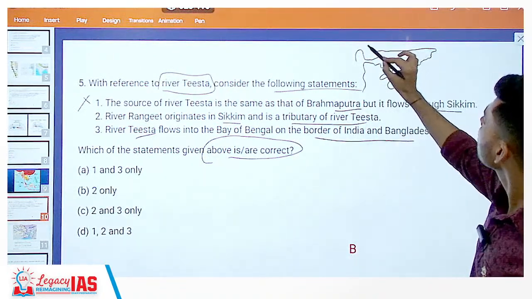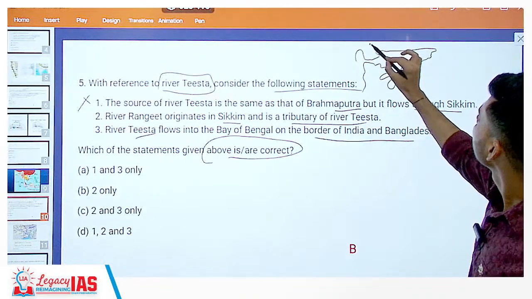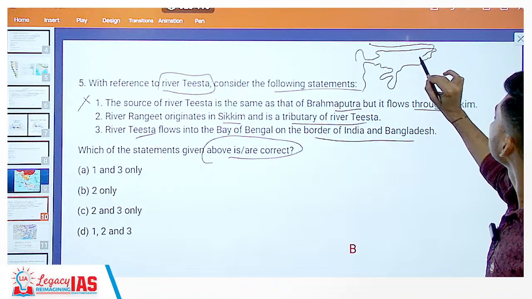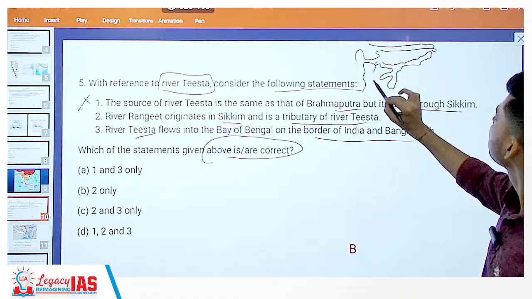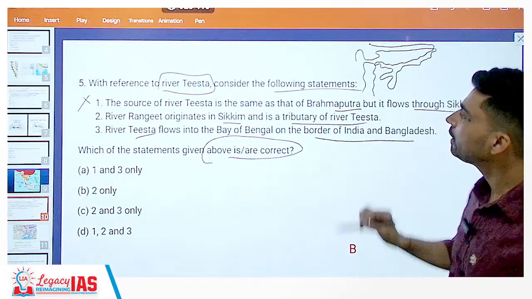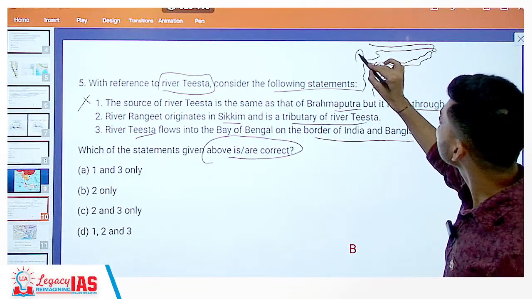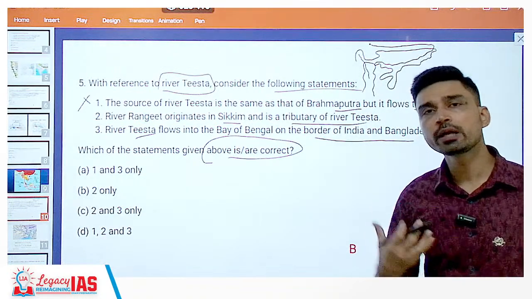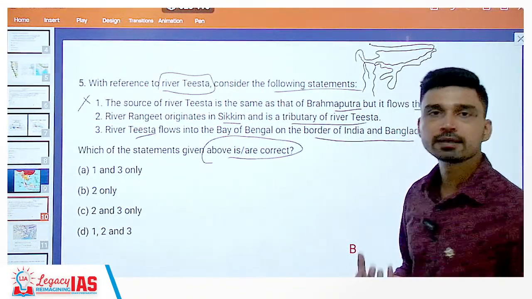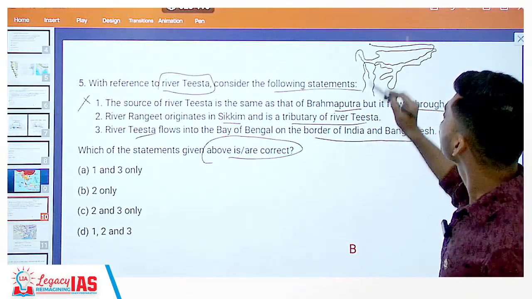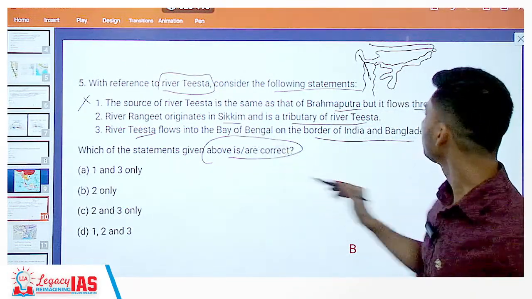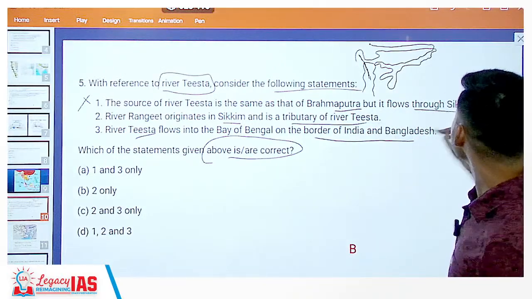The Brahmaputra river originates somewhere here, flows to the east, then enters India, then flows to the west, and then enters Bangladesh. On the other hand, the Tista river originates in the Sikkim region itself, from a mountain range that has the highest peak of India, called Kanchenjunga. So from the Kanchenjunga peak in Sikkim, we have the origin of river Tista. It is not the same as Brahmaputra. So the first statement is incorrect.